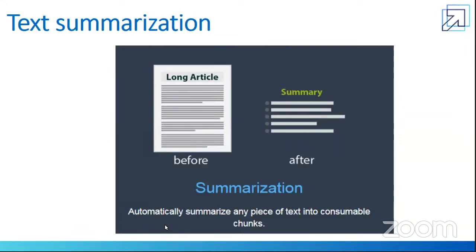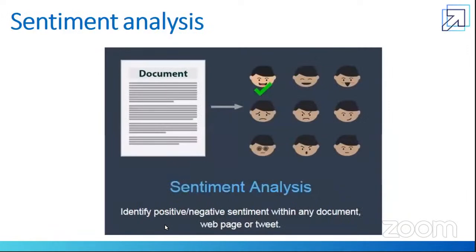And the next one is sentiment analysis. Sentiments or emotions are essential for effective communication between humans. So if you want machines to handle such text in the same way, we need to teach them how to detect emotions and classify the text as positive, negative, or neutral. That's where sentiment analysis comes into play.